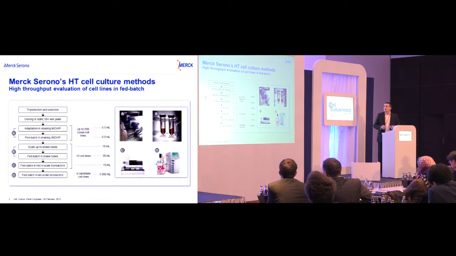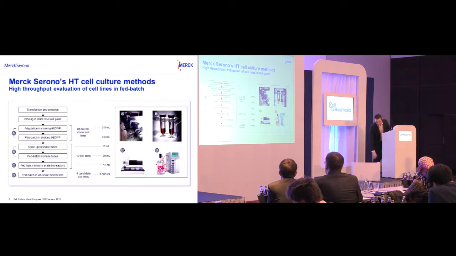So just after transfection and cloning, we adapt the cells in 96 deepwell plates to run a fed batch culture very quickly, and to go down from 500 clones to 12 very quickly. And then it is a standard workflow. We go into shake tubes, microscale bioreactors, and benchtop bioreactors to select our final cell line.